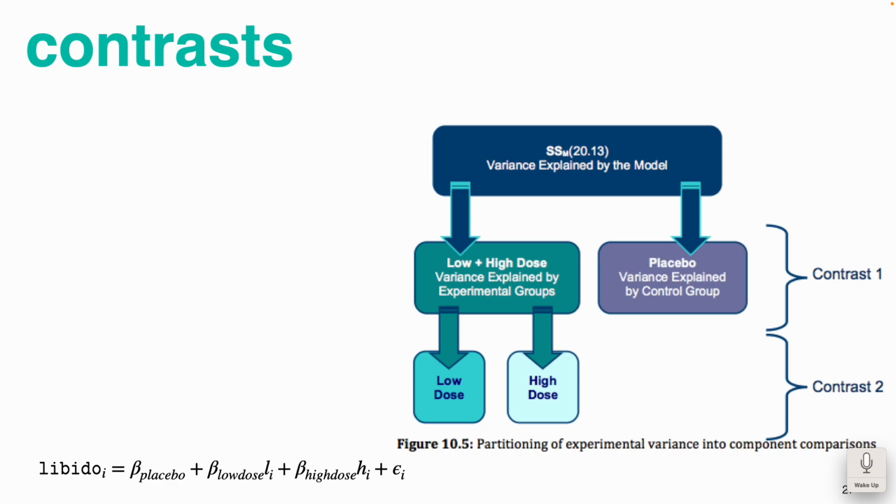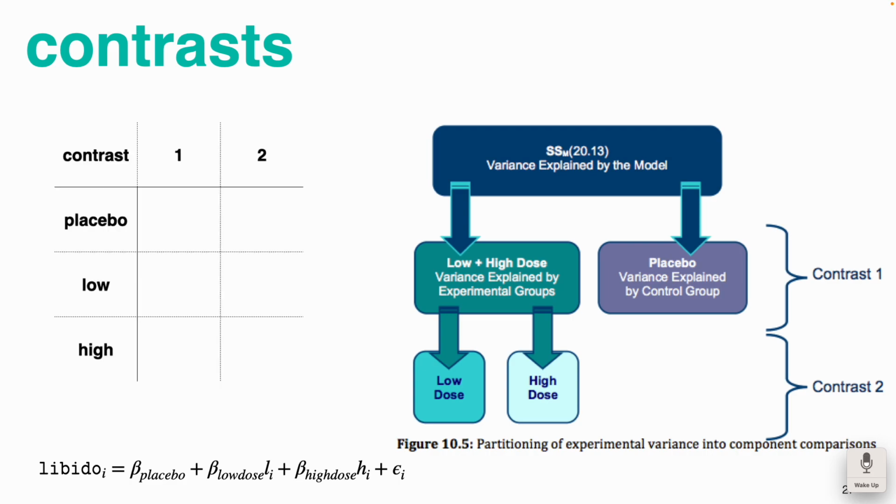And this is where we really have to understand the structure of our experiment. So this will be if you're supporting a psychologist or a biostatistician or someone who's doing an analysis for an experiment. So the contrasts, in this case, what you do is you basically sum up versions of these. So you take the low and the high, and then you have to contrast them with placebo.